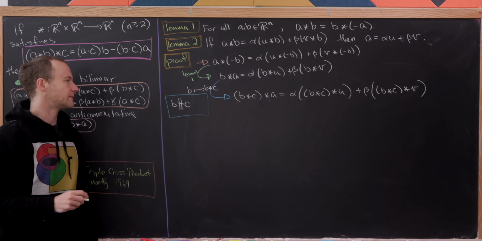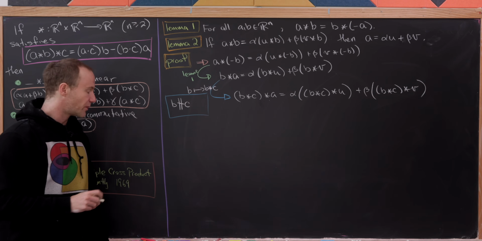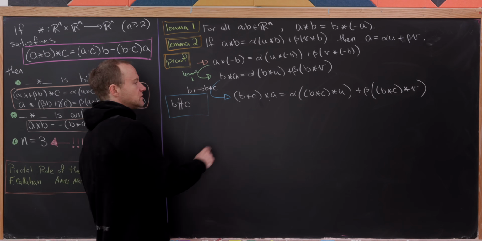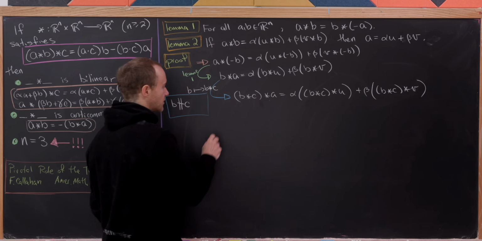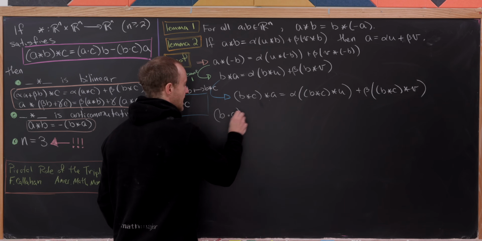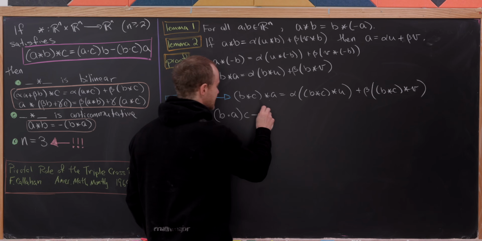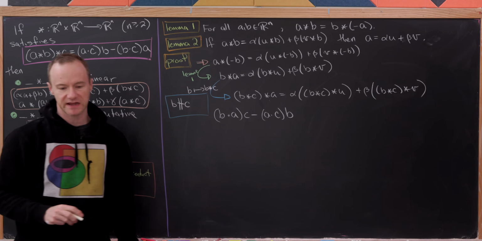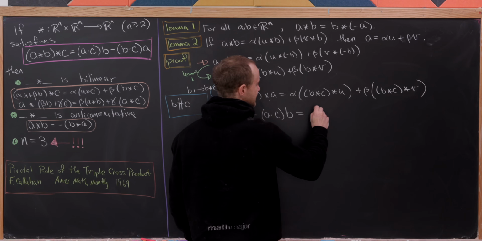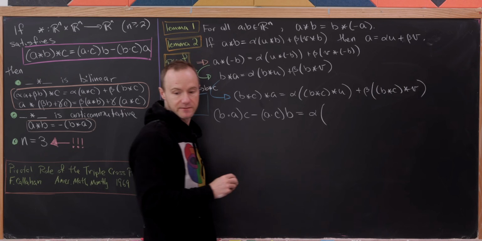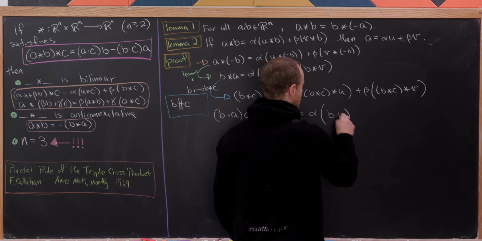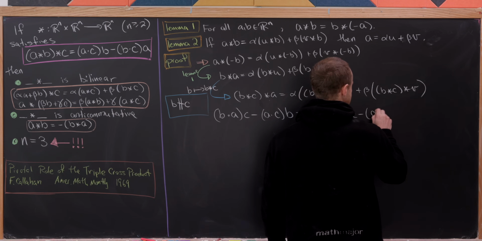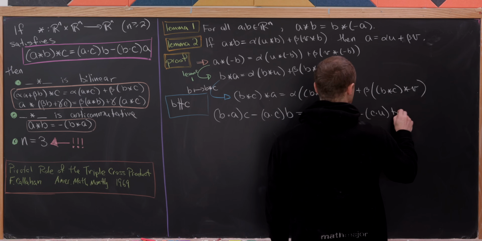Now we're going to use the triple product identity to decompose everything there. So for this first term, we'll have B dot A in the C direction minus A dot C in the B direction. That's from the left-hand side. And from the right-hand side, we'll have alpha times B dot U in the C direction, minus C dot U in the B direction.